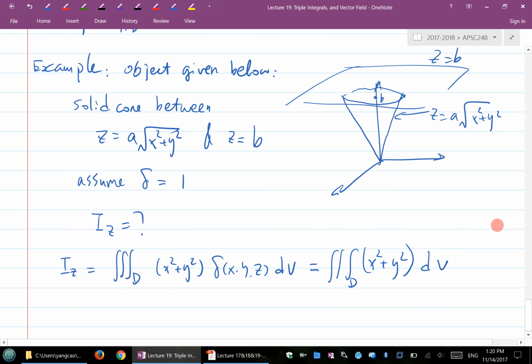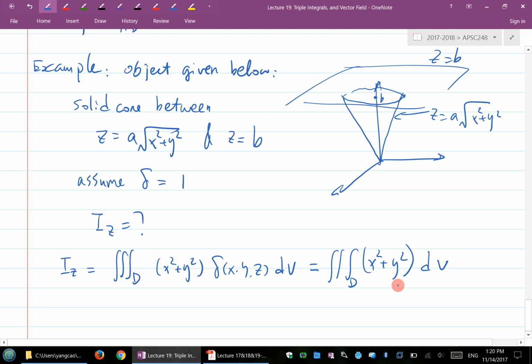That's what we're going to evaluate over the region D, and region D is described by that particular geometry. Up to this formula, everything is still in Cartesian coordinates.